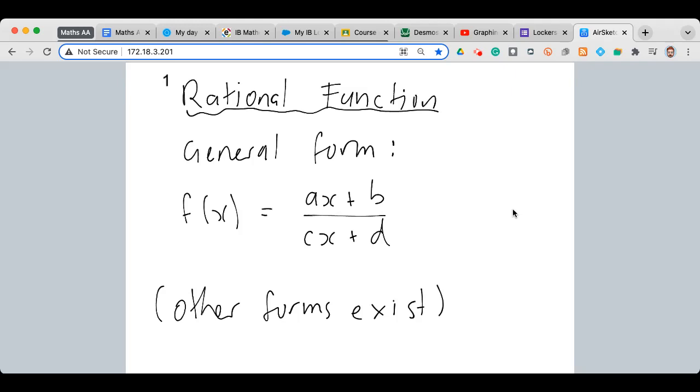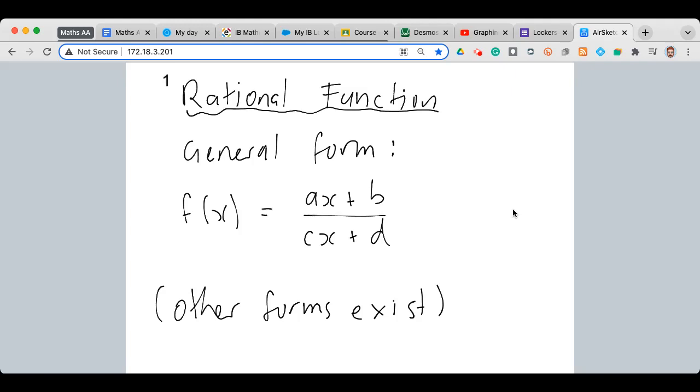But you can have plenty of different ones. So y equals 2x minus 1 over x squared plus 1. That is also a rational function. It's just that now I'm comparing a linear function to a quadratic function, and that's the ratio. Linear to quadratic or linear to square.